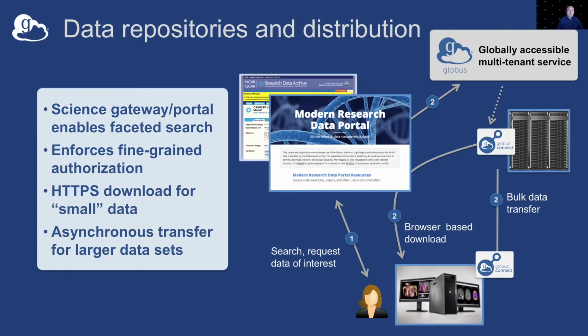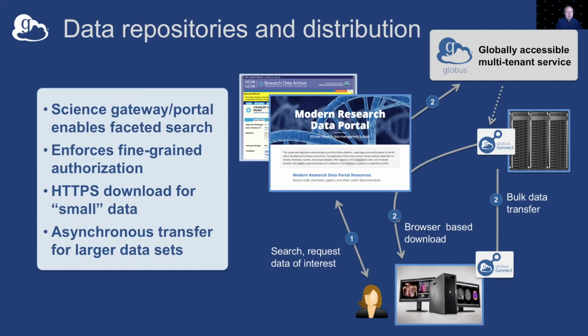It might not even allow you to search certain types of metadata based on who you are. So that's a critical piece. It's not just the data, it's also the metadata that needs to be protected in many instances. And then it typically provides a couple different modes for pulling data down, as Lee showed in the modern research data portal example. You can do HTTPS right through the browser for small single files, or you can fire off an asynchronous transfer.